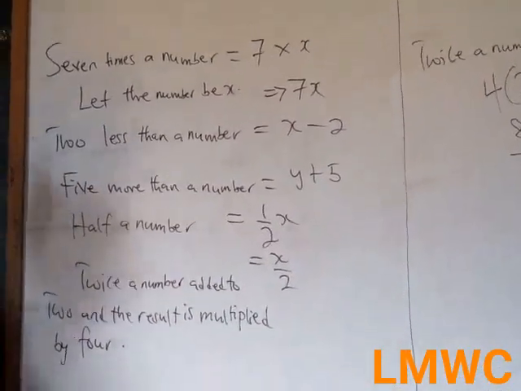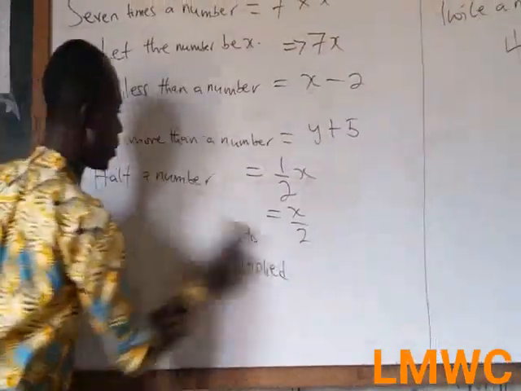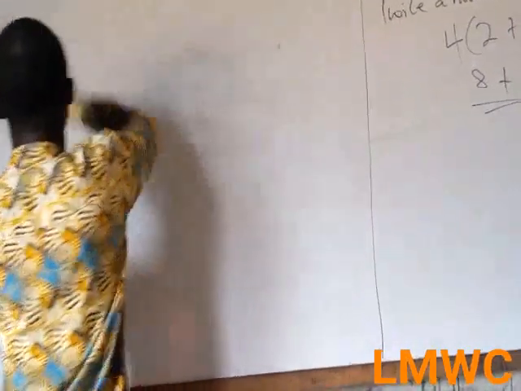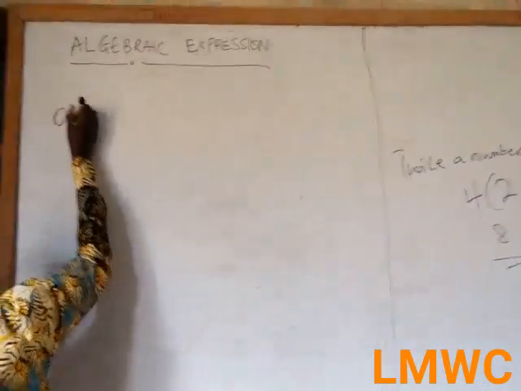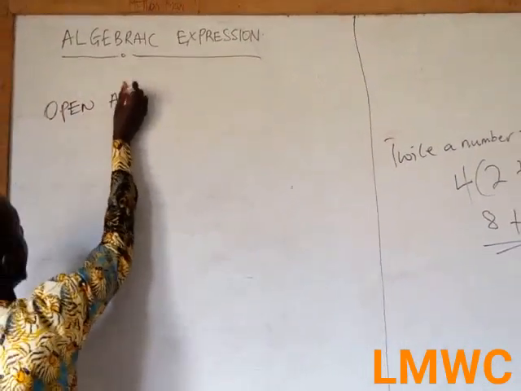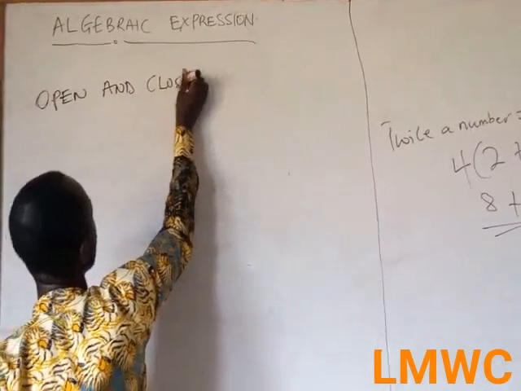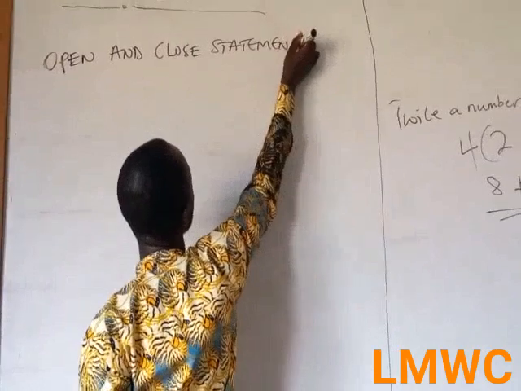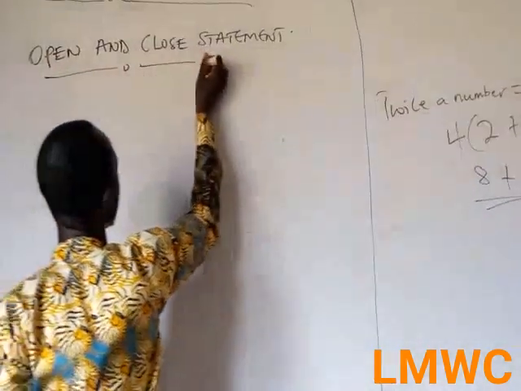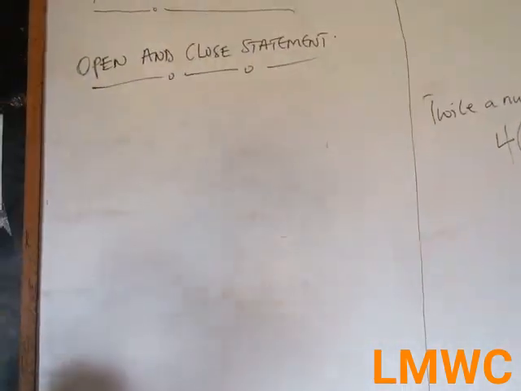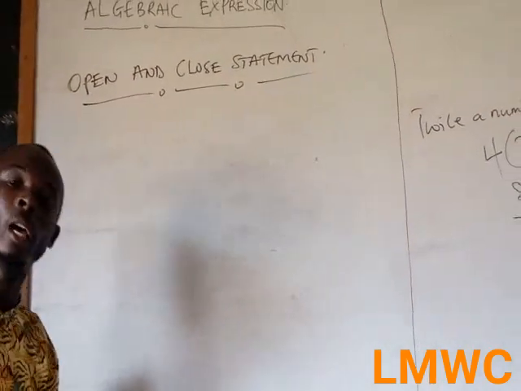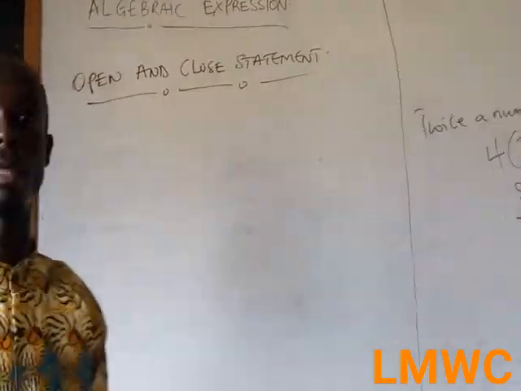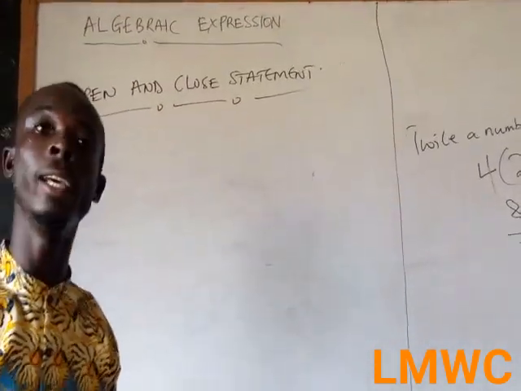Now, let's move on to open and closed statements. A statement is said to be open if it contains one or more variables. And a closed statement doesn't contain any variable.